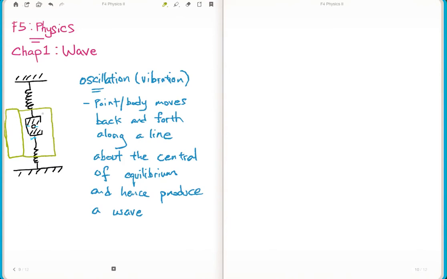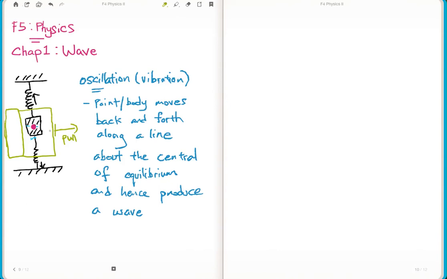And then I'm going to attach a pen or pencil into this body, pointing towards the paper, and only then I start the oscillation up and down. At the same time, I am going to pull this paper to the right. I pull it to the right while this thing is oscillating.